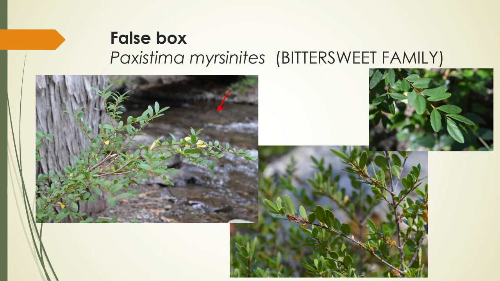Seldom much above knee high, and really not showy flowers. Here's one in full bloom in the bottom here. See those flowers coming out. Really tiny flowers. It reminds people of the boxwood, which is a common landscaping plant, just kind of a generic shrub. And this one looks a lot like that, thus the name false box.